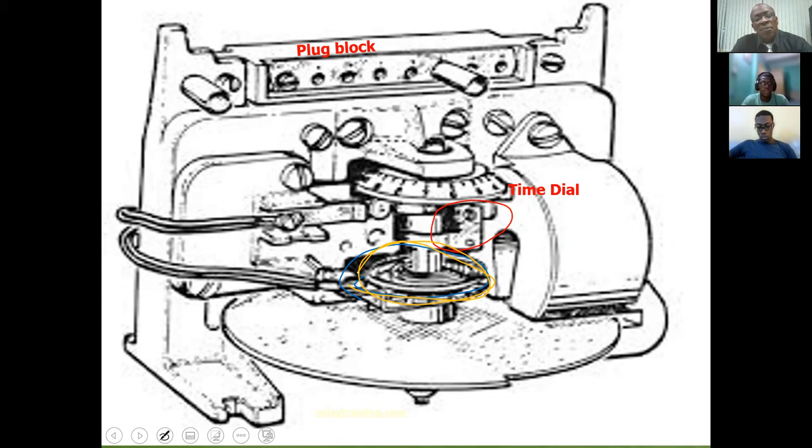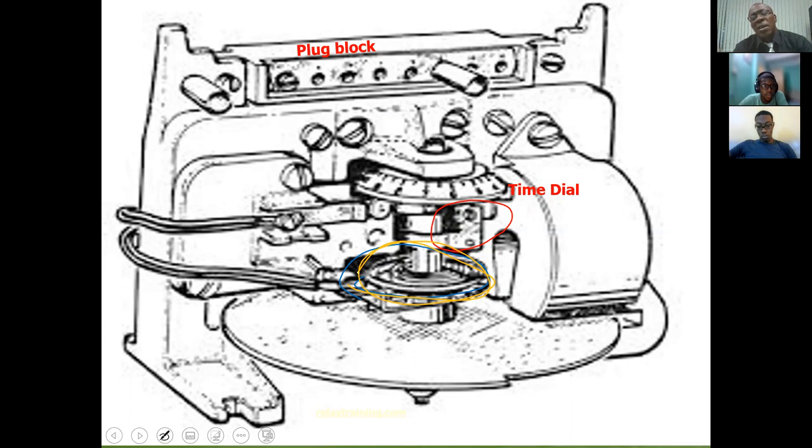When you have the relay energized for operation, this movable contact will be brought around by the disk towards a fixed contact.